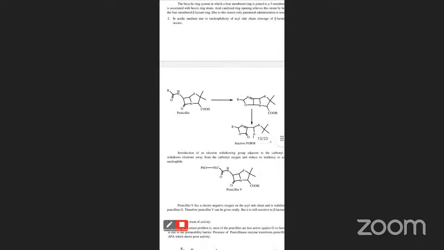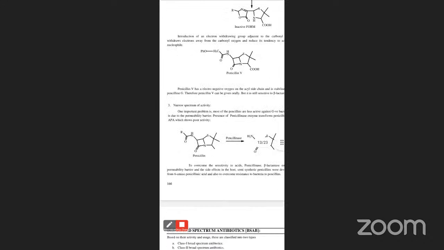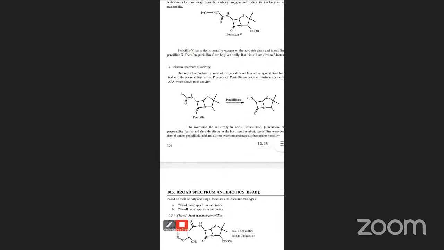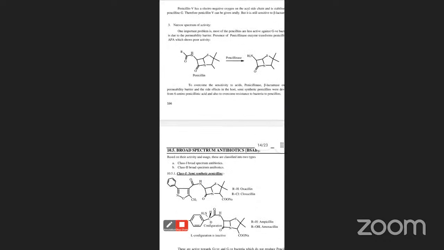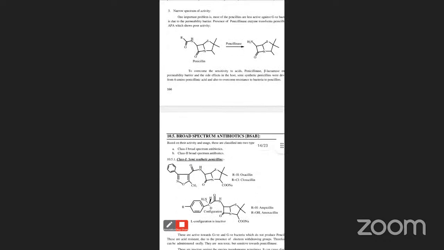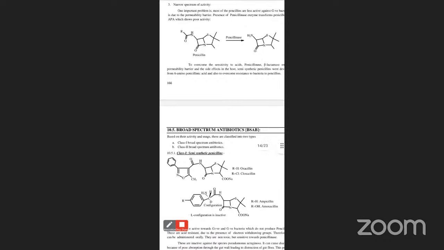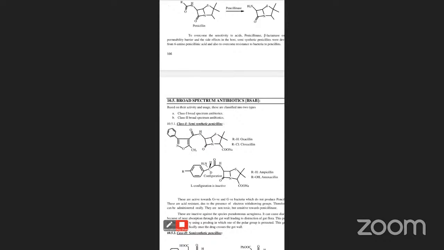So what are those penicillin analogs? Generally, these penicillin analogs are called BSAB, which means broad spectrum antibiotics. Broad spectrum antibiotics means these are the penicillin analogs here, right?